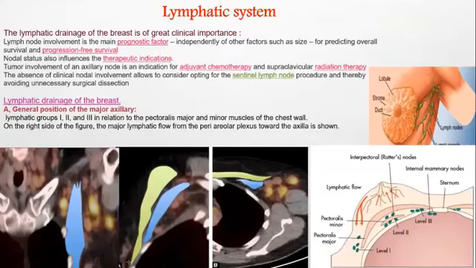Okay, the most important part is the lymphatic system, and it is really of great clinical importance. Why? Because lymph node involvement is the main prognostic factor, independent of other factors like tumor size, for predicting overall survival and progression-free survival.